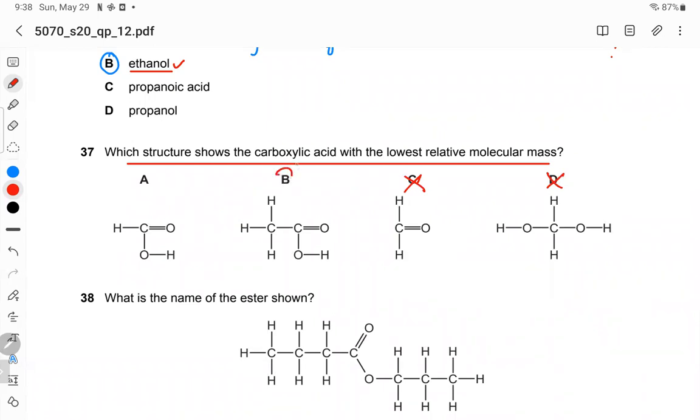So B also goes wrong because it has a higher mass.